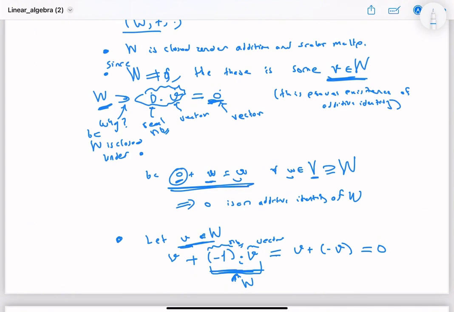This is the 0 of v, but the 0 of v is itself the 0 of omega, and thus this thing which is in v is in fact the inverse. So this thing is the inverse, and it is in omega, and thus proves existence of additive inverses.